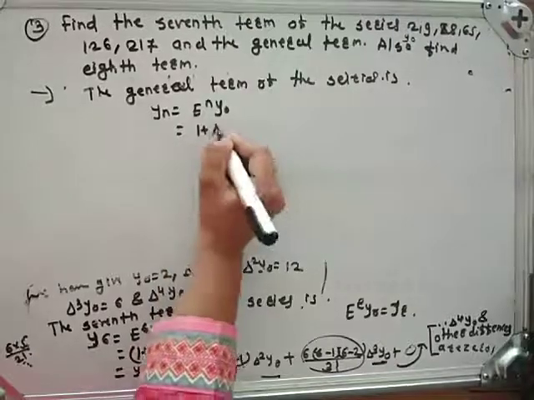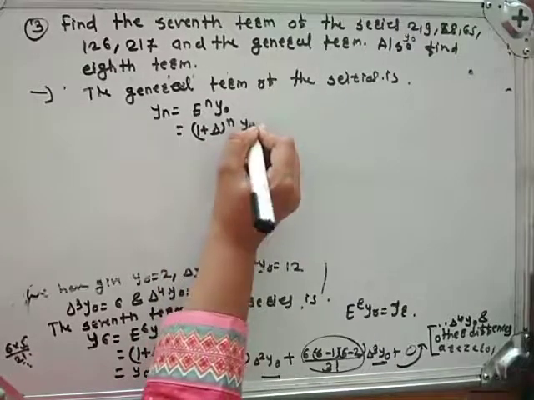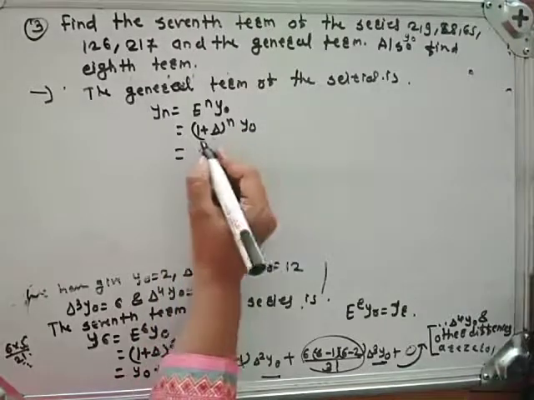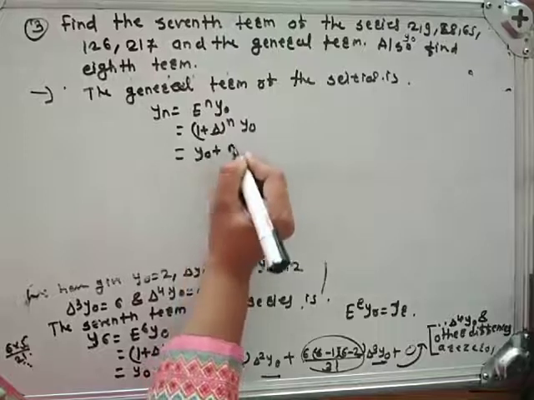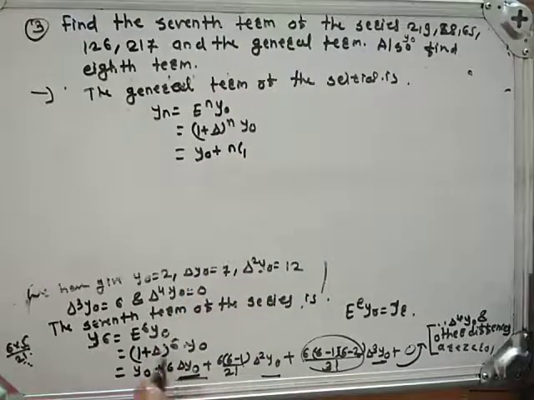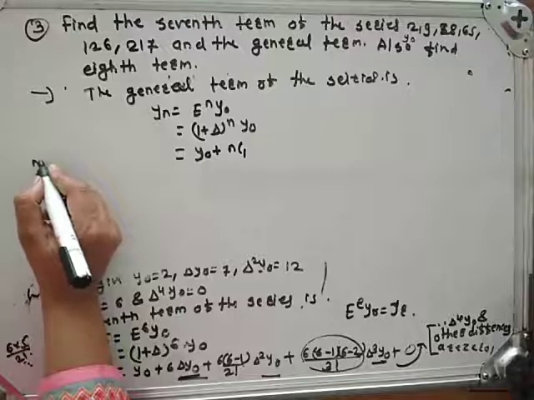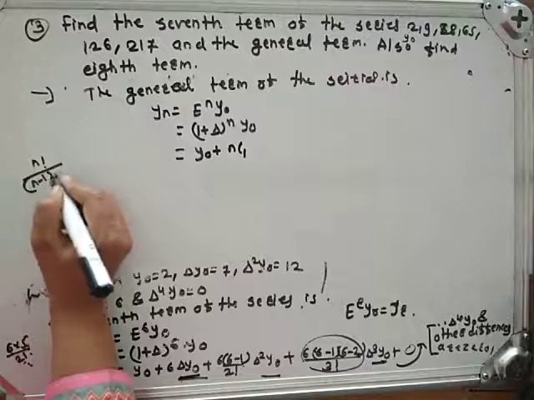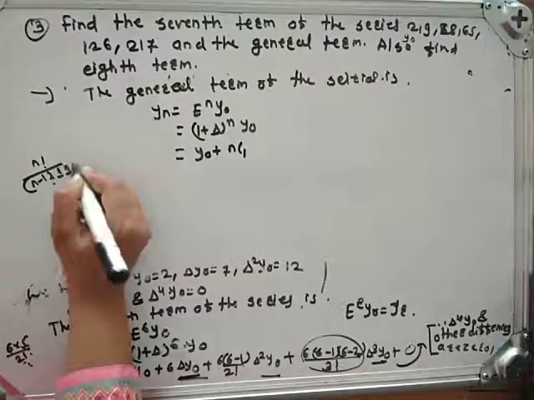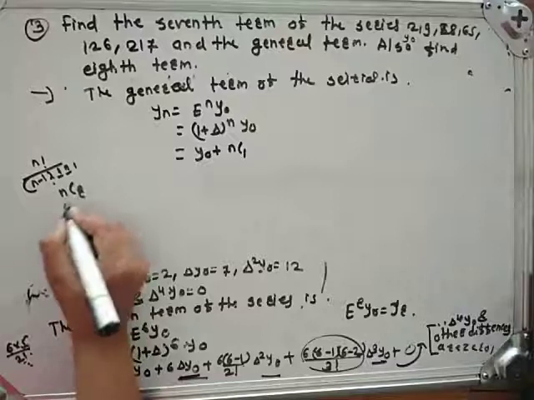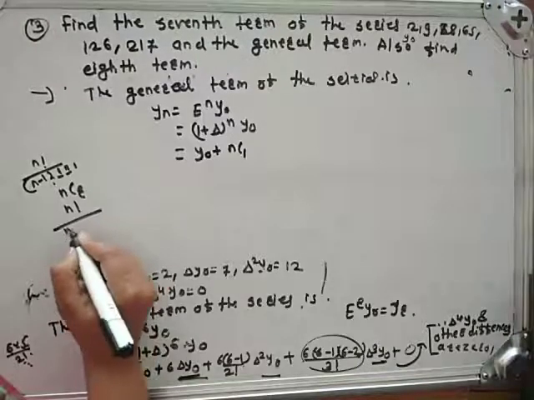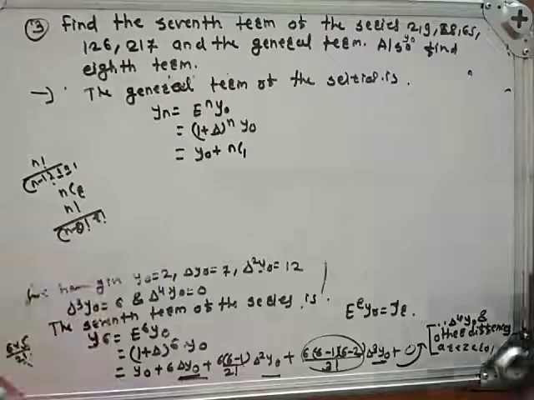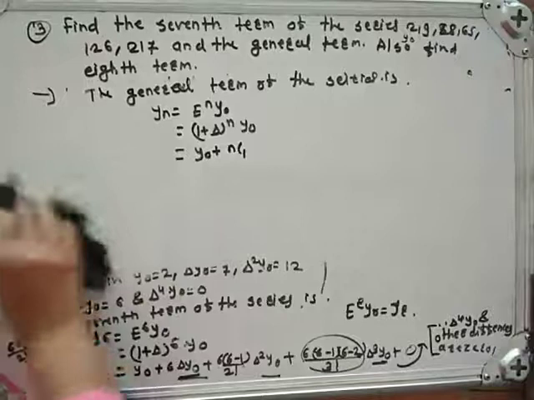You know that E is 1 plus Δ raised to n y0. Okay. By using binomial expansion, y0 plus nC1. nC1 means n factorial upon (n minus 1) factorial into 1 factorial. The formula of nCr is n factorial upon (n minus r) factorial into r factorial. Use this formula and simplify.